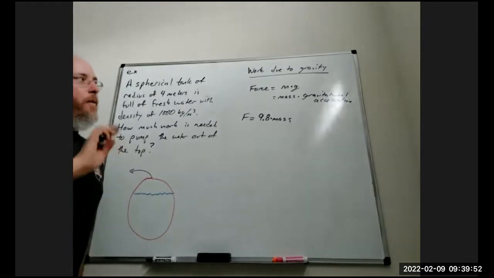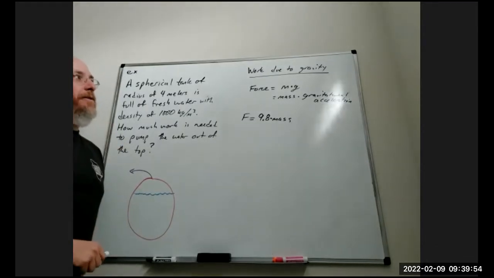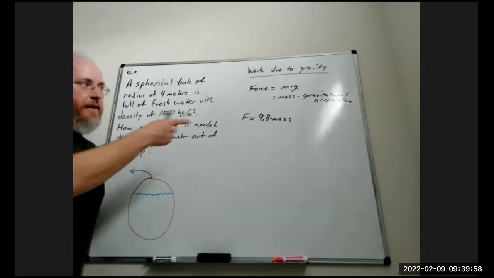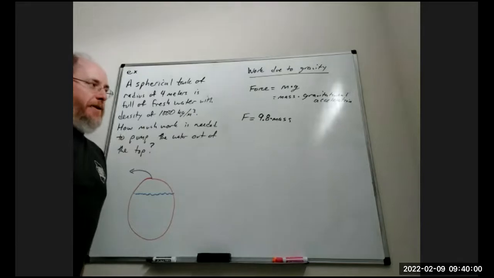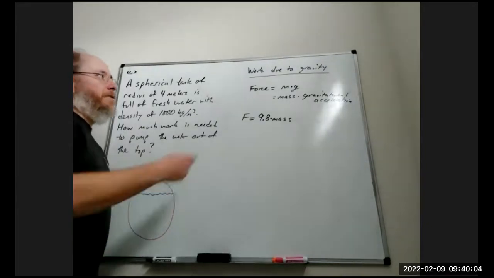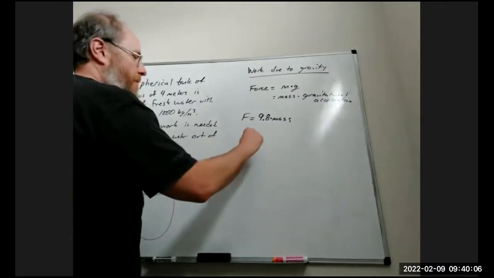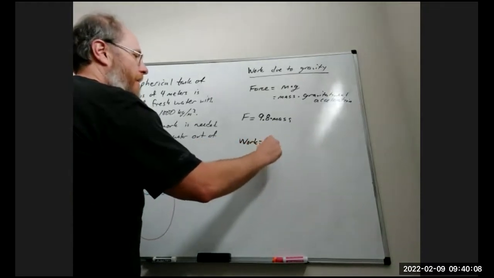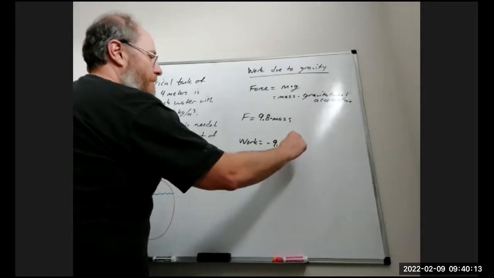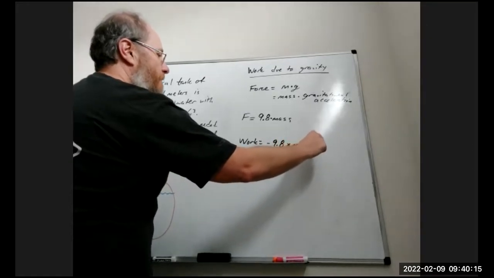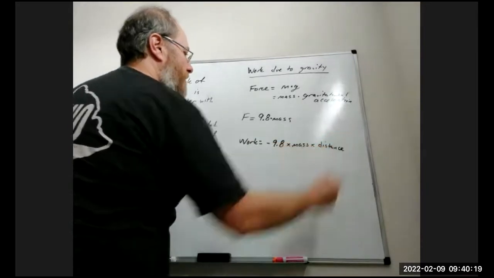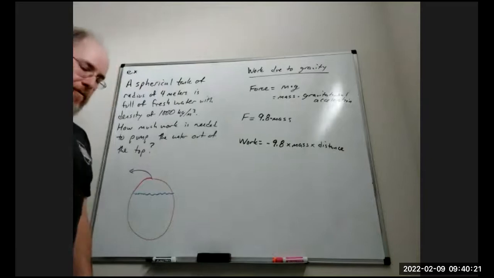That's the beautiful thing about gravity: at least if we're going a short distance, it's always the same, and it's 9.8. Okay, so then the work, and let's go ahead and be good, we're going to make it a negative 9.8 times your mass times the distance that it moves.